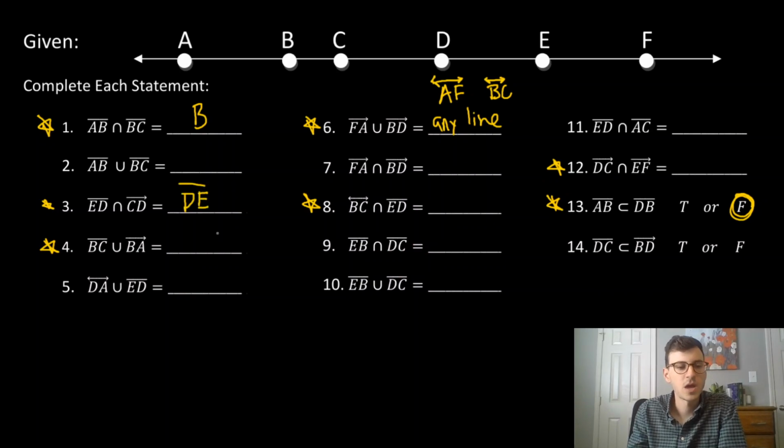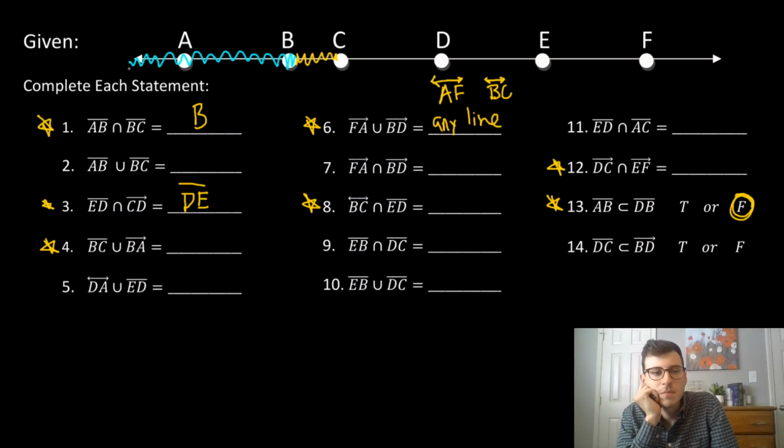Okay, what about the union between segment BC and ray BA?